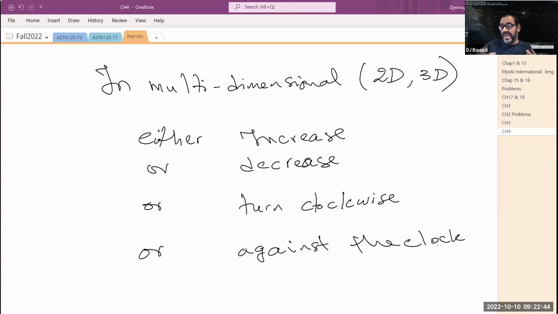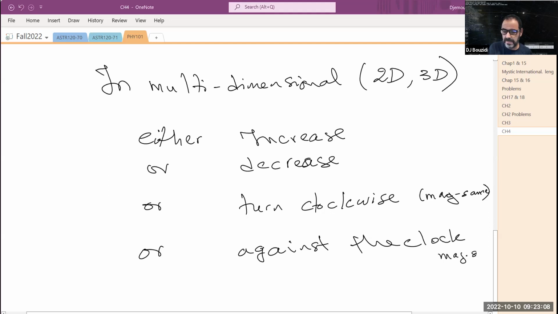So those are many ways for the velocity to change. It's not just by, it could retain its value. So the magnitude stays the same in this situation. In other words, the object speed is the same, but it's turning left or right.